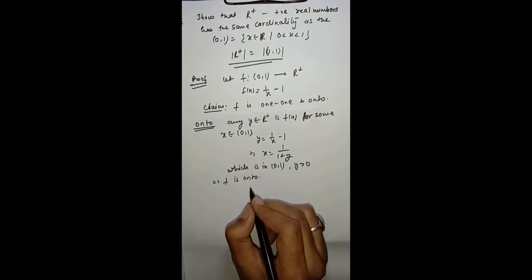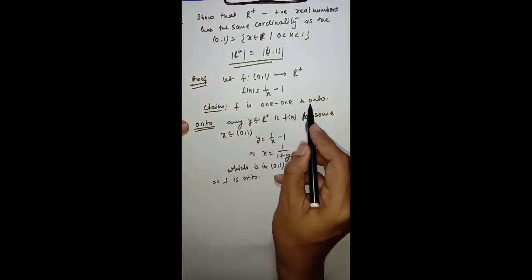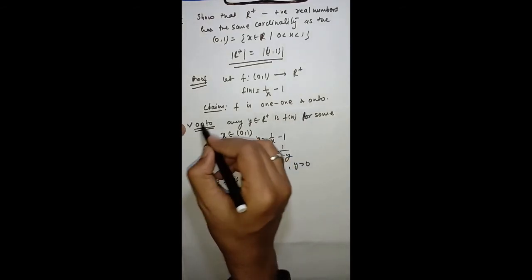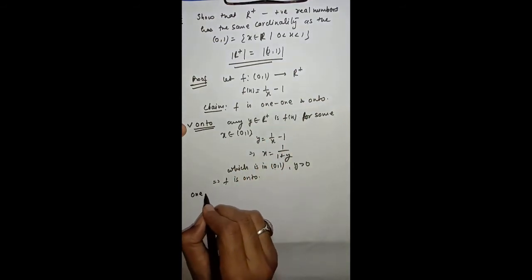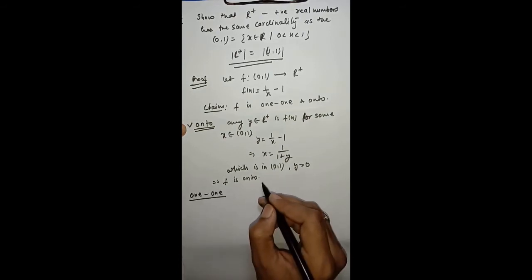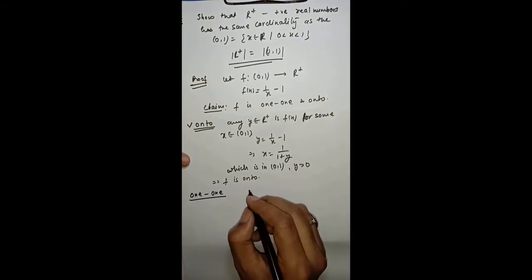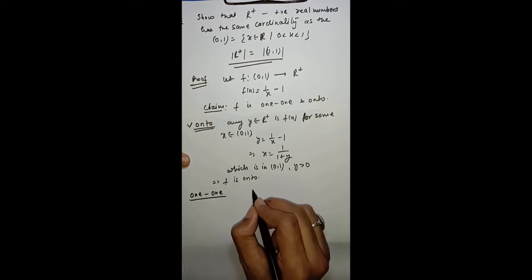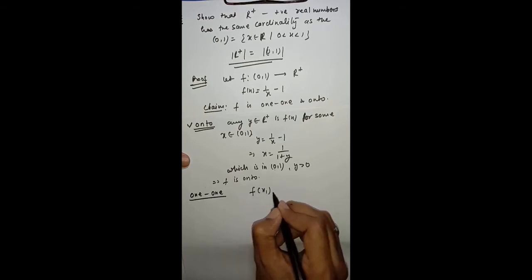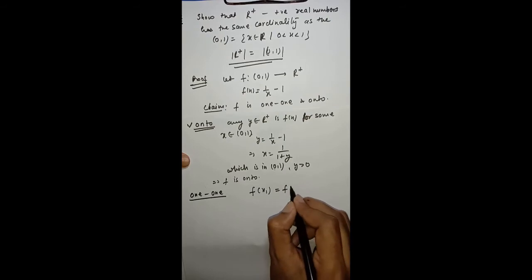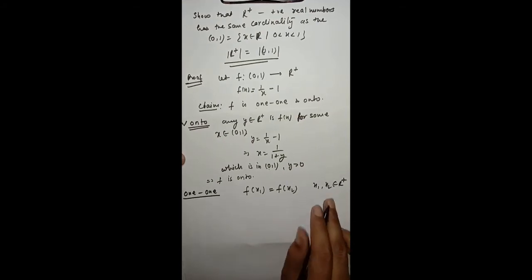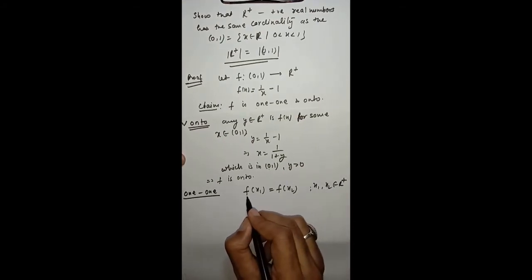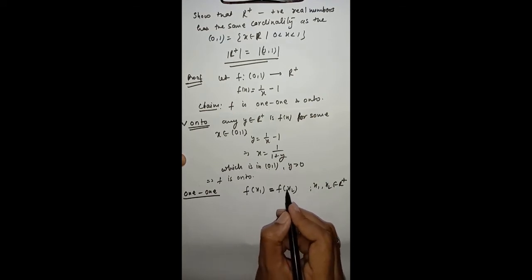Now the second claim: the claim is 1-1 and onto, and we have proved the function is onto. Now we'll move to 1-1. To prove the function is 1-1, we assume the image of x1 is equal to the image of x2, where x1 and x2 belong to the positive numbers. f(x1) = f(x2).